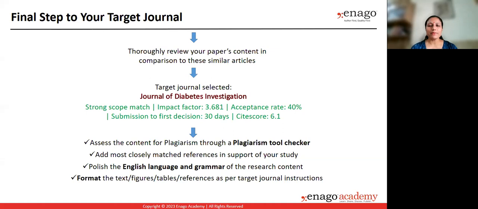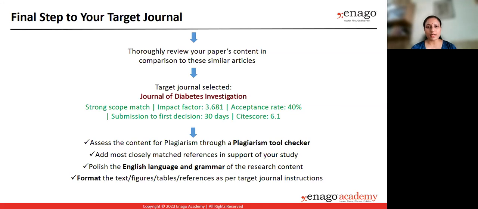At this point, when we have the journal in mind, please assess the content of your paper for plagiarism through a plagiarism tool checker. Please add the most closely matched references that you have observed during this entire journey and support your research statements in the paper evidently through the most relevant and latest articles that you can find online.